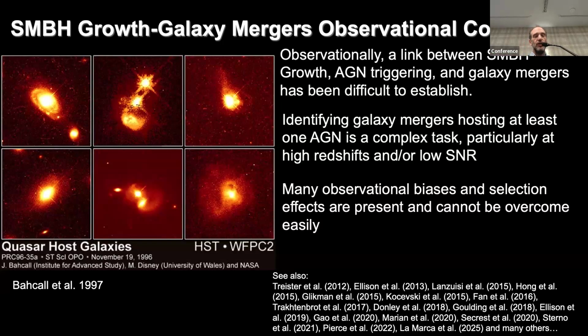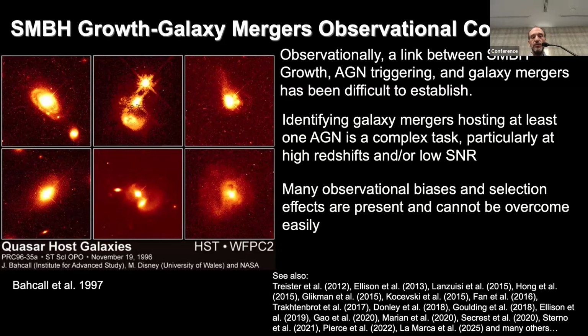Identifying AGN in those mergers has been very difficult, and even more importantly, identifying an observation and a convincing connection between the galaxy merger and the AGN or the black hole growth event has been extremely challenging up to date.